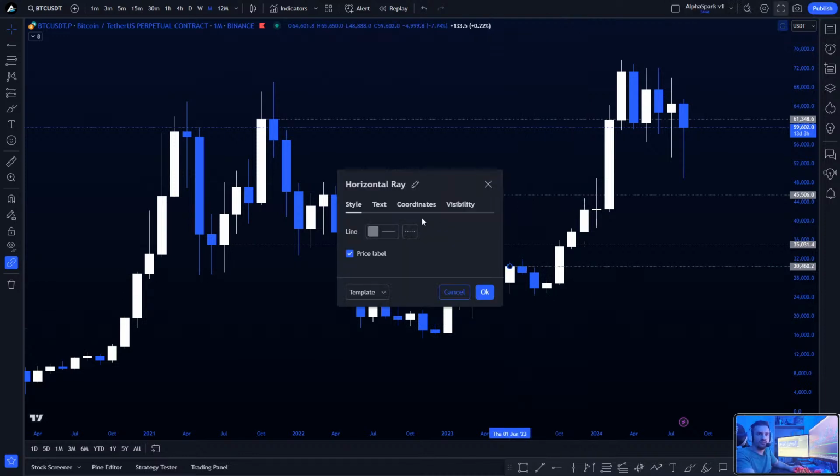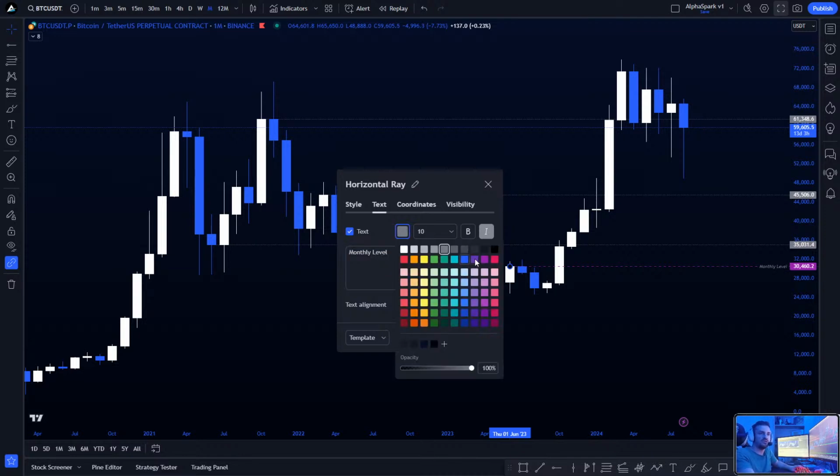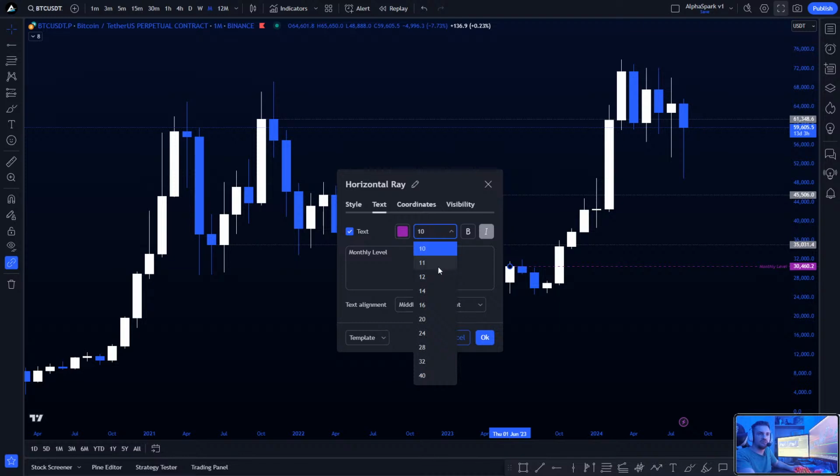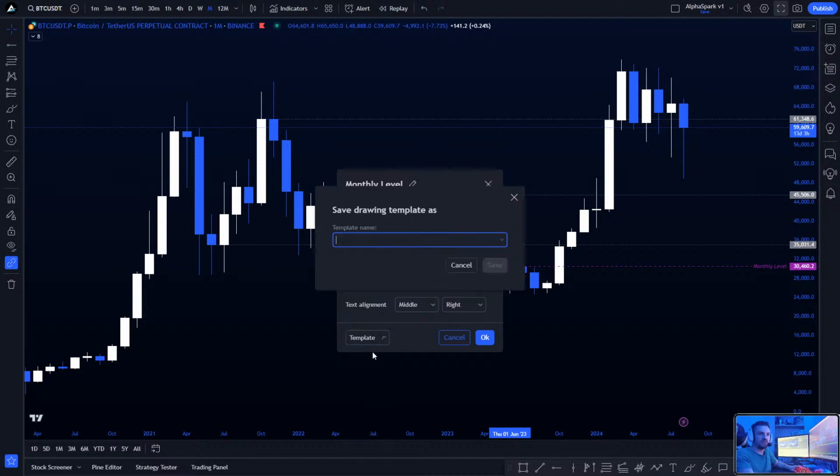So the way I like to have these guys is purple dashed, saying monthly level, same color. 12 is okay for me, and I'll take the opportunity to write the name because I'm gonna just copy that and save as monthly level.